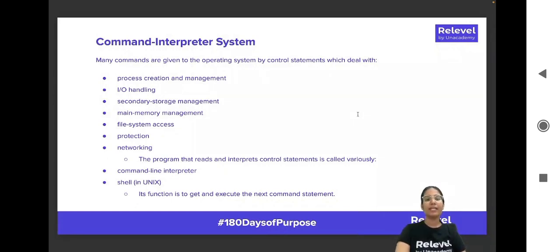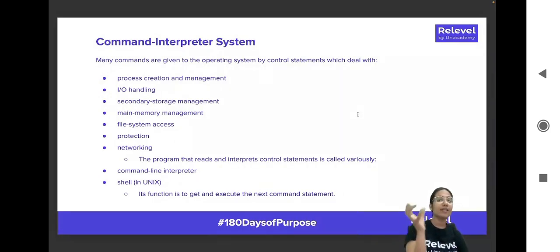Many commands are given to the operating system through control statements. There are commands to create and manage processes, commands for input output handling, for secondary storage management, for main memory management, file system access, protection and networking. That's where we deal with control statements: the command line interpreter, the shell. As we talked about earlier, the shell is a way of executing the particular commands given to the operating system.